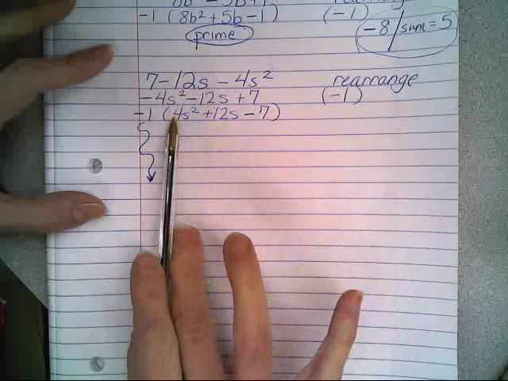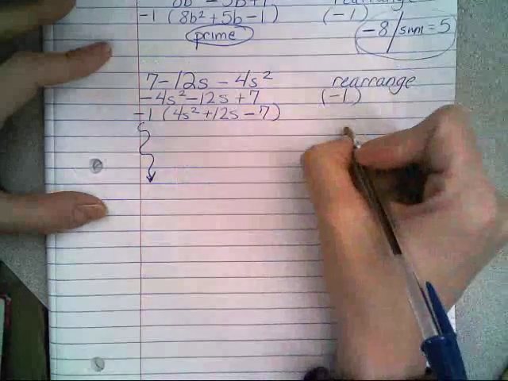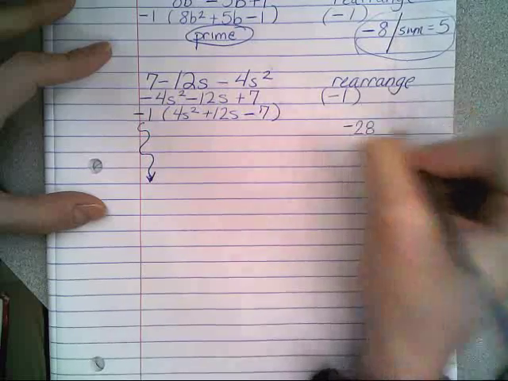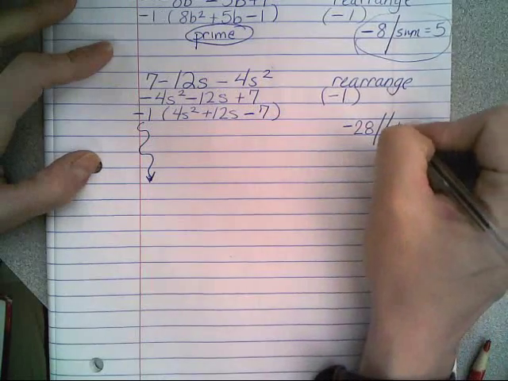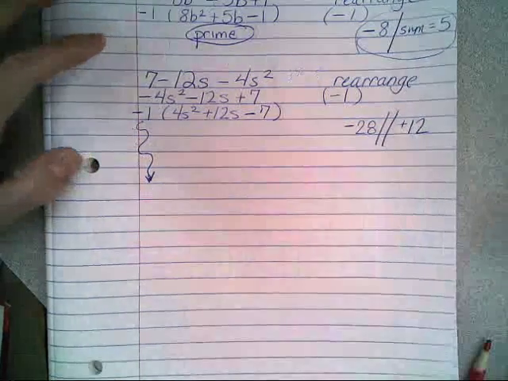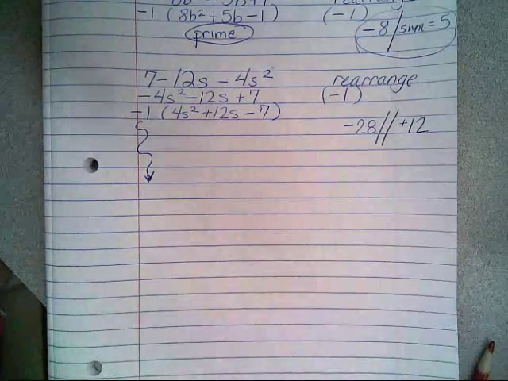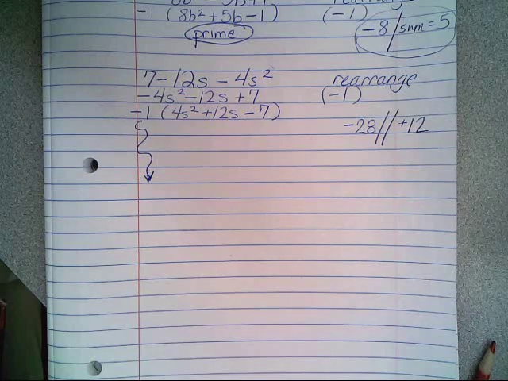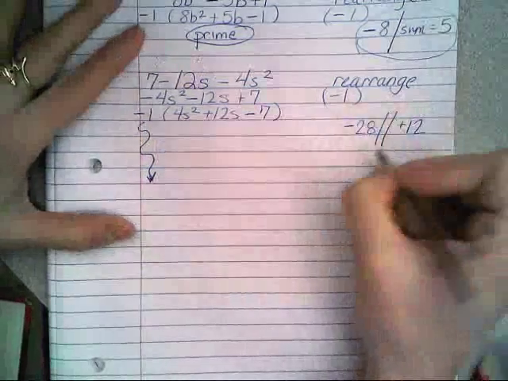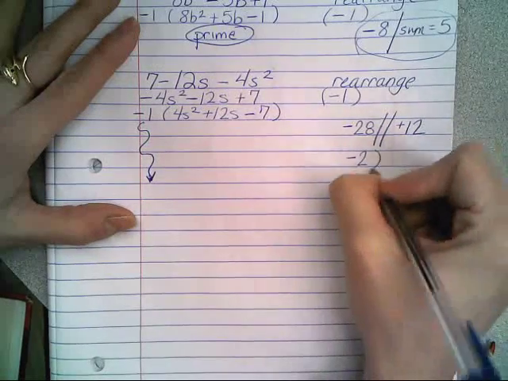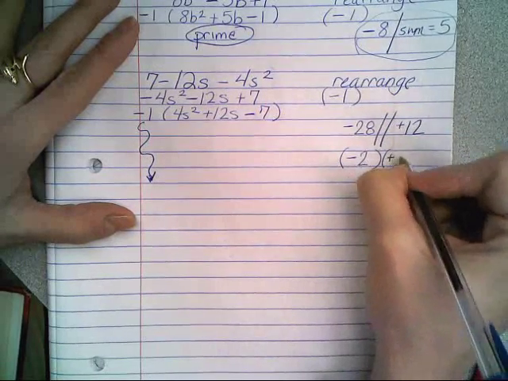Meanwhile, factors of a times c, which is negative 28, that have a sum of positive 12. So let's see. 2 and 14 looks like it'll work, doesn't it? Negative 2 and positive 14.